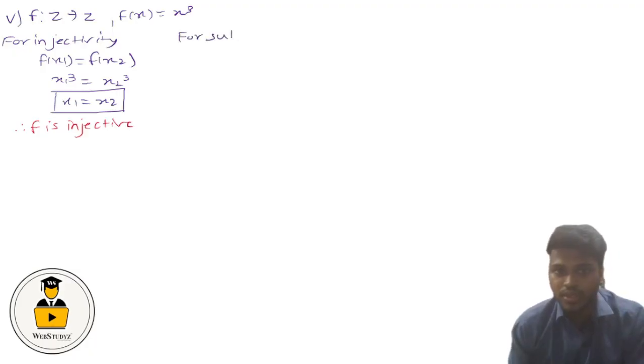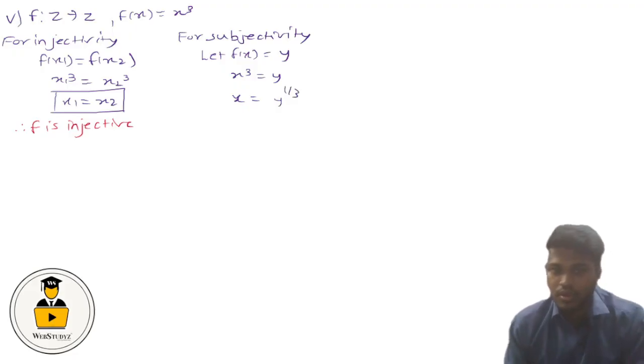Now we will check for surjectivity. We will assume let f of x equals y. So x cube will be equal to y. From here, the value of x will be y raised to 1 upon 3. Now here y belongs to integers. So if we take y equals 2, x will be 2 raised to 1 upon 3, which does not belong to integers.